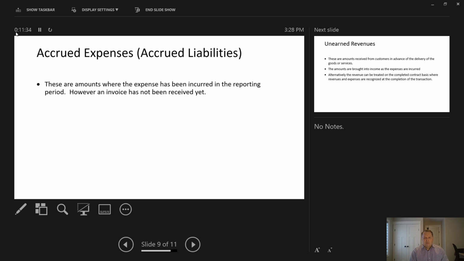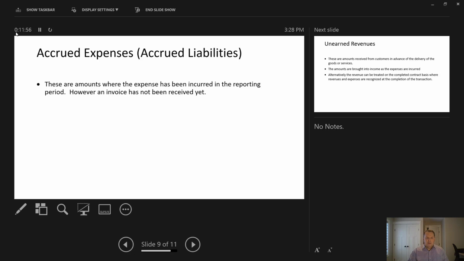And so we've come to the end of the year, and we haven't got a bill yet for the $50,000, but we know it's right around there. So for that, we can accrue the expense and the $50,000 in our liabilities and claim that as a current period expense in payables.